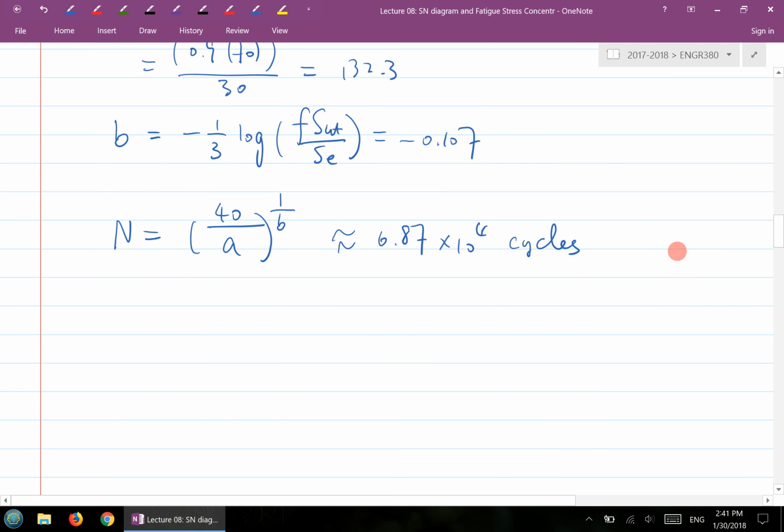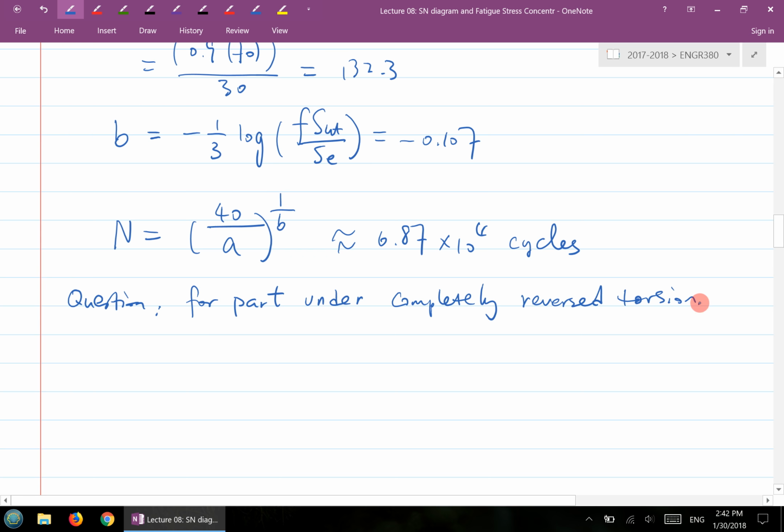So far, everything we have been describing is about fatigue failure under completely reversed normal stress. You have a stress sigma A, completely reversed. So here's a question: what do we do if we have a part under completely reversed torsion?